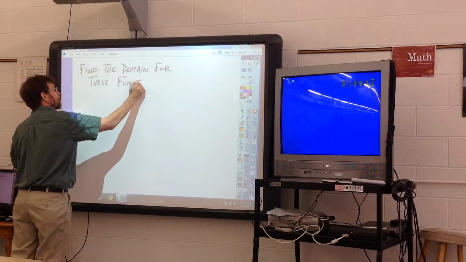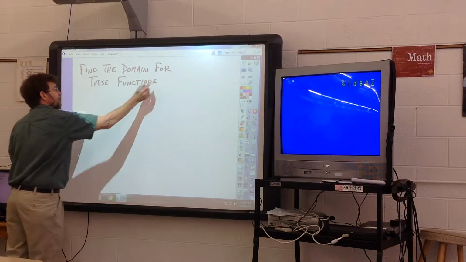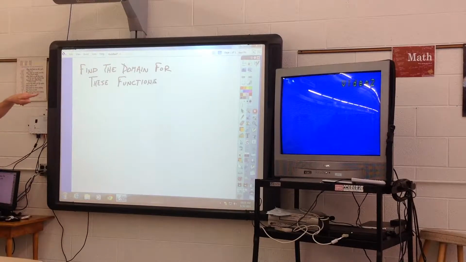In the domain only, we're not going to find the range. We'll use our calculators to find it graphically, but ultimately we want to be able to do it algebraically. And this gives me a chance to see what you know from Algebra 2. And it's not difficult Algebra 2 stuff.